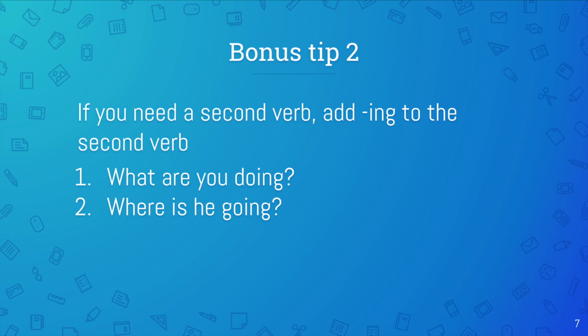If you use a different helping verb, like do or will, you should not add ing. For example, number 2, you could say, where will he go? That would be correct, but if you use a be verb, you should add ing to your second verb.